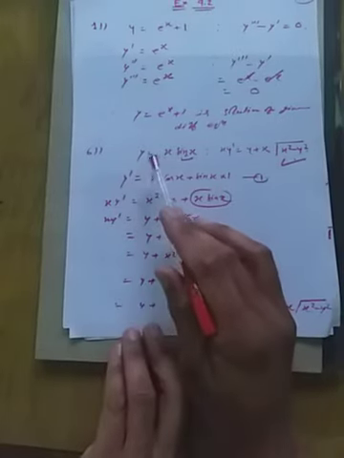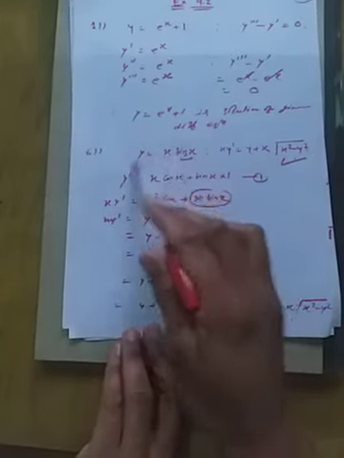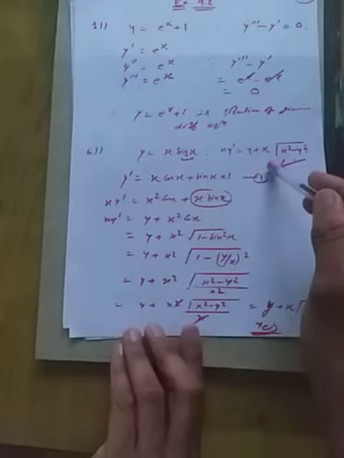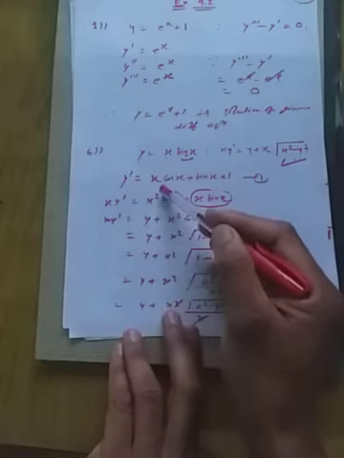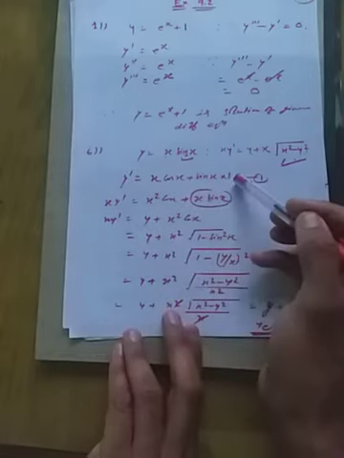Now come to question number 6. Same way, y equal to x sin x. Is this a solution of the given differential equation or not? At first, I will differentiate it by the product rule. y dash equal to x cos x plus sin x into 1.